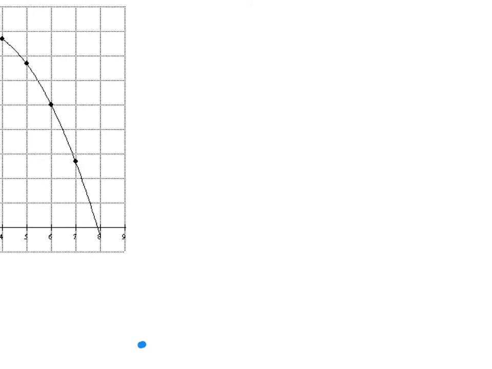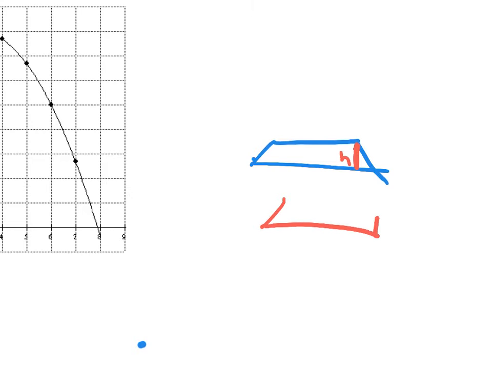Let me share with you what that means. When you've got a trapezoid like that, the height is this value right here. If your trapezoid looked like that, where's your height? Same place, right there. But we're not doing these trapezoids.